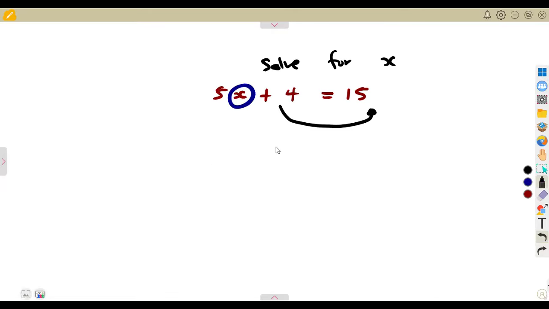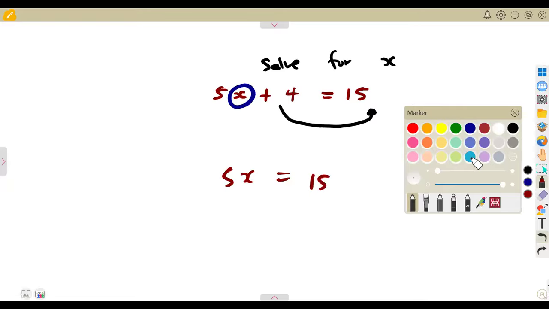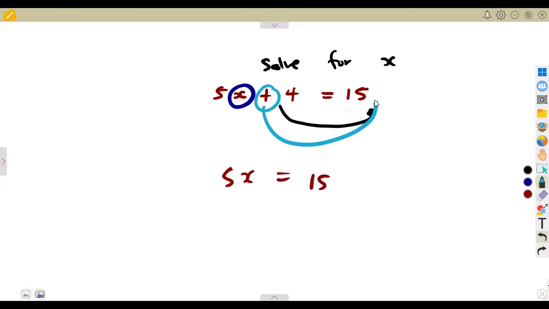But take note, once a number or a term crosses the equal sign, it changes its sign. So meaning to say, this is 5x that you're going to have at the end, which is equal to 15, which was already on the right-hand side. The moment I transpose the positive 4 to this side, it becomes a negative 4.